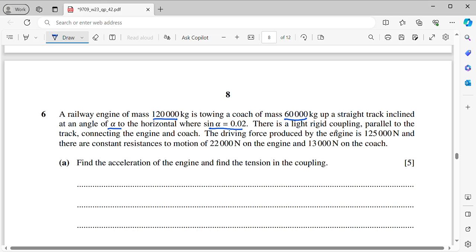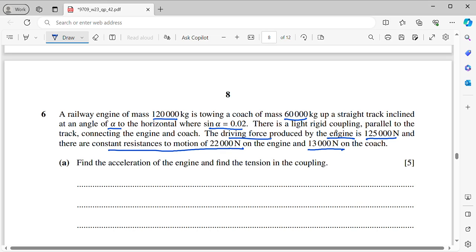There is a light rigid coupling parallel to the track connecting the engine and coach. The driving force produced by the engine is 125,000 newtons, and there are constant resistances to the motion of 22,000 newtons on the engine and 13,000 newtons on the coach. That means all these are the frictional force.